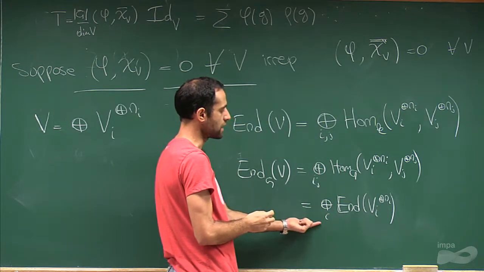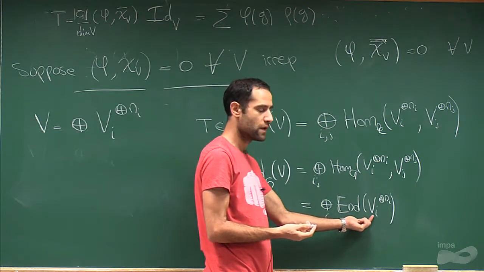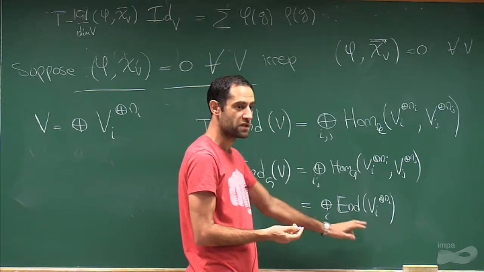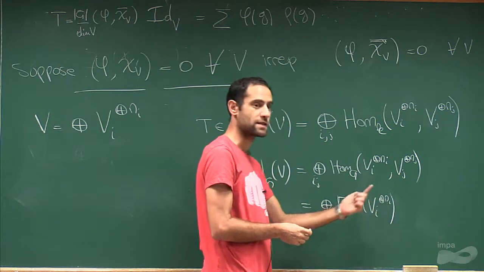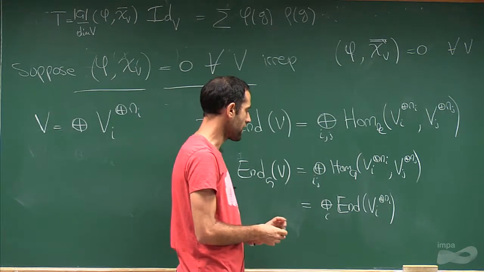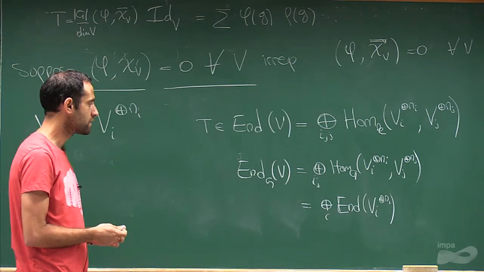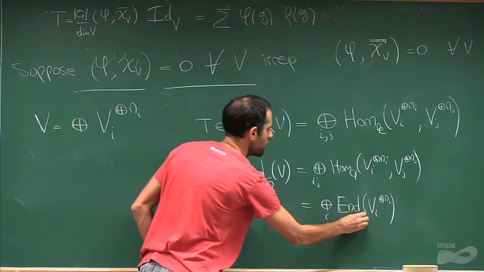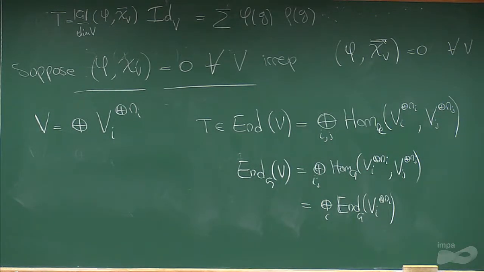And now I'm in trouble, because if Ni were equal to 1, this would be just a multiple of the identity. But what are the endomorphisms of a direct sum of spaces? How can I write it in a better way? So my claim is, yeah?